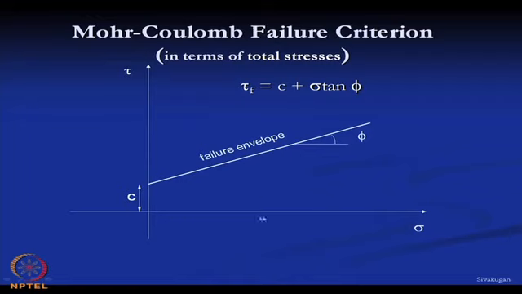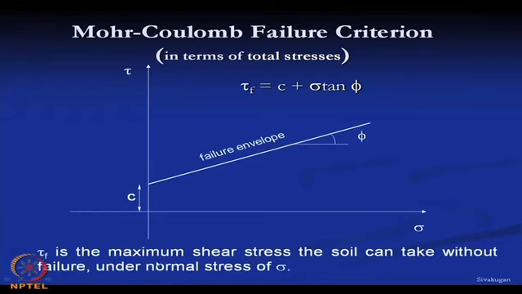The shear strength expression is C plus sigma into tan phi, where tan phi is the slope of this line. If we know the slope of this line, we can determine the angle phi. So, tau f is the maximum shear stress the soil can take without any failure under normal stress sigma.